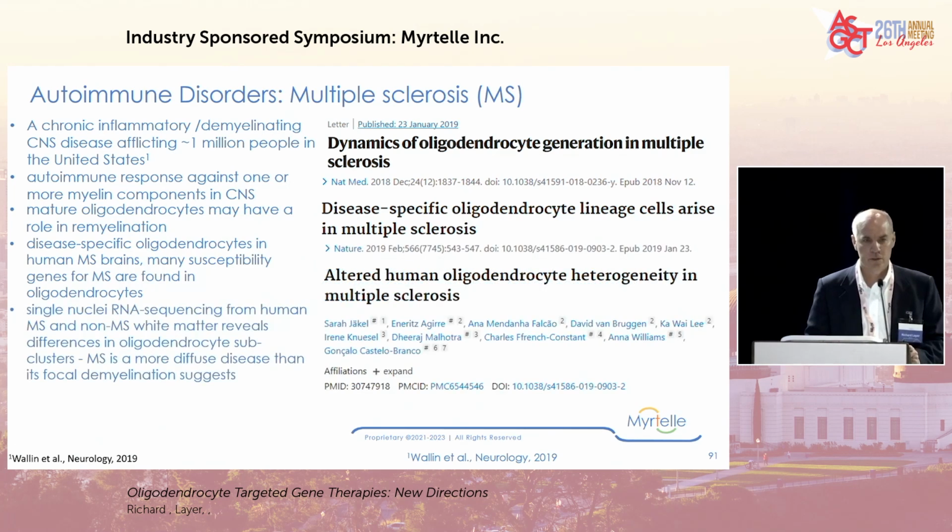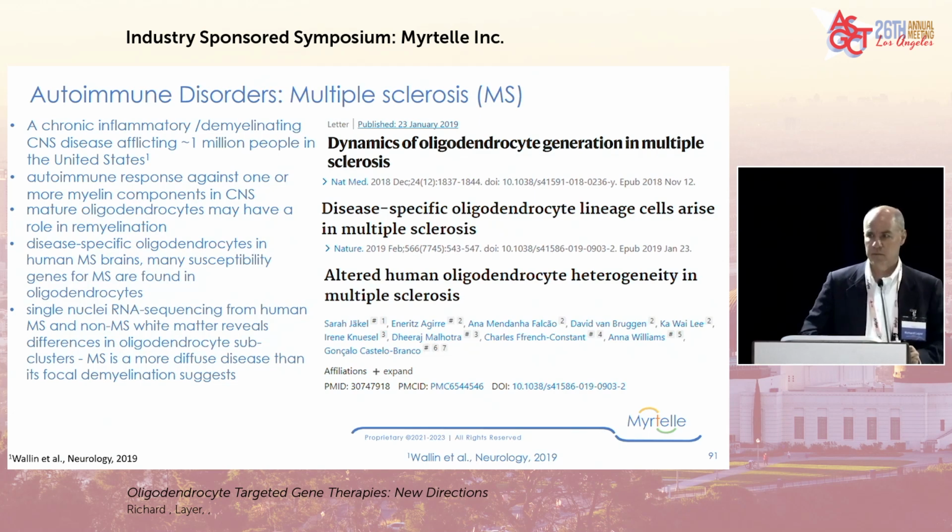Jäkel and colleagues used single nuclei RNA sequencing and showed that, first of all, oligodendrocytes are heterogeneous in humans, like in mice, and that when they looked at oligodendrocytes close to lesions, they formed a distinct clustering profile that was also seen in oligodendrocytes that were distant from the lesions, indicating that MS is a more diffuse disease than the focal demyelination would suggest.